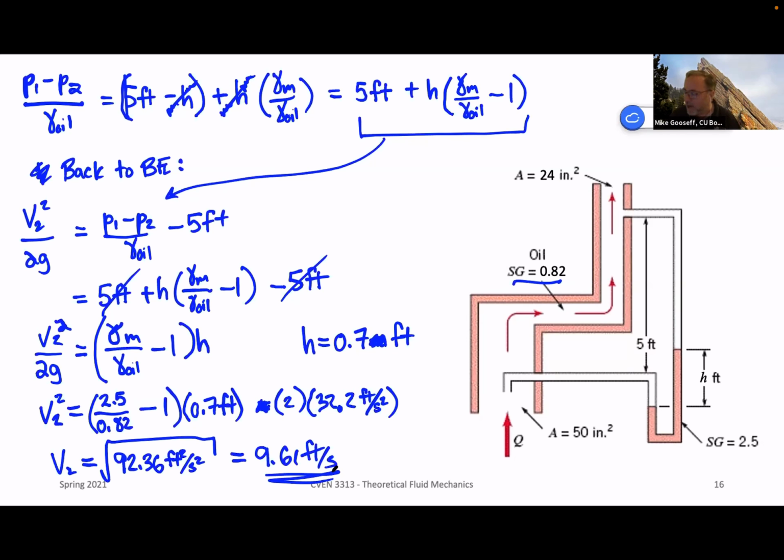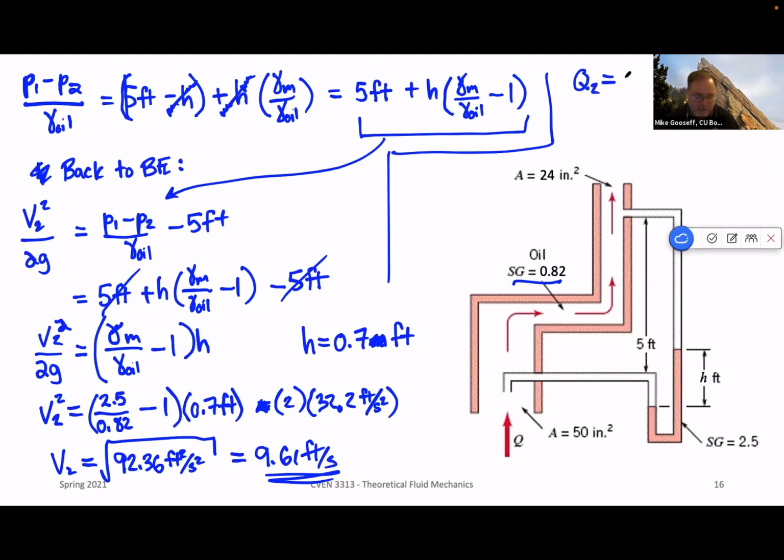Okay? So now, I think I've run out of room here, so let me move this guy over and do this over here. So now Q2 is equal to A2 times V2. We are given that A2 is 24 inches squared. So we're going to convert that to feet because this is in feet per second. So we'll multiply by 1 over 144, so 1 foot squared per 144 inches squared.